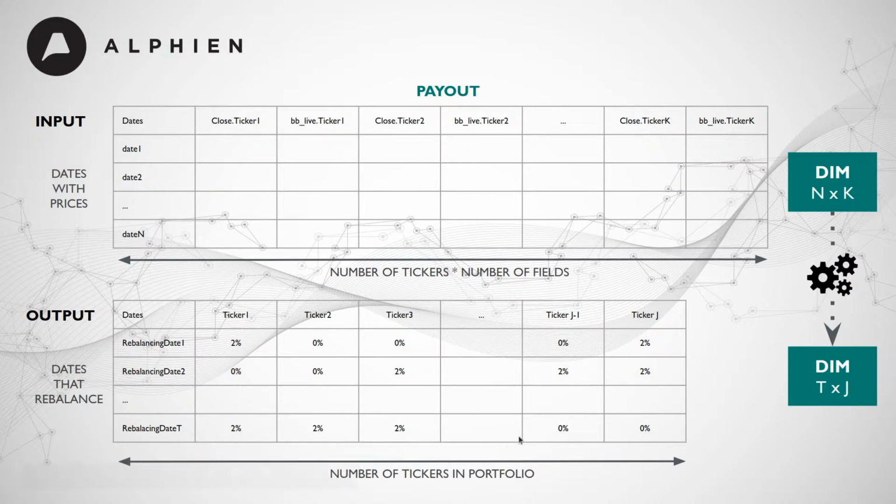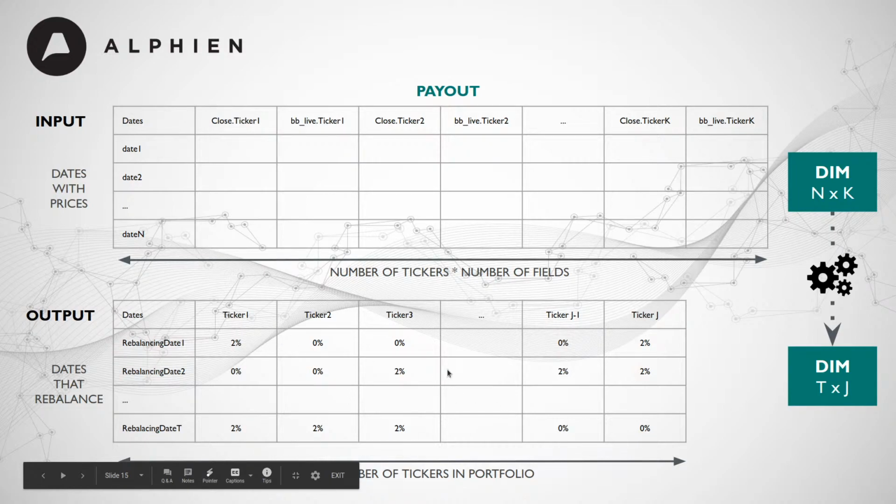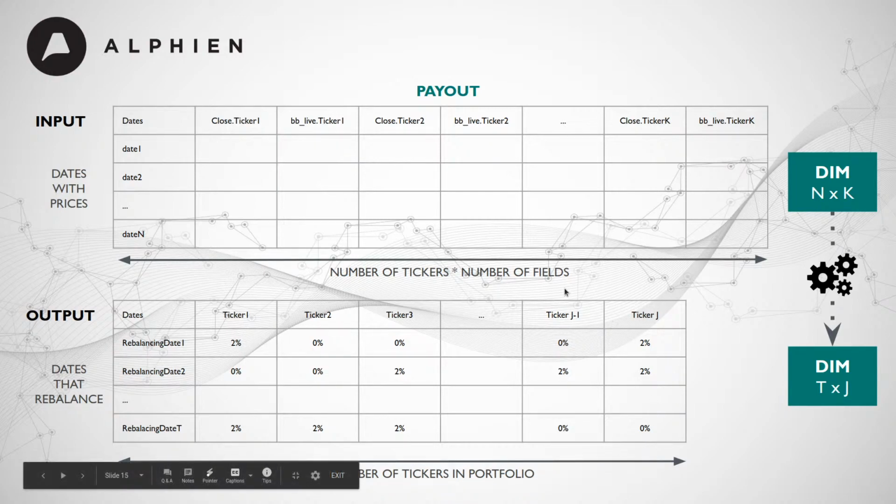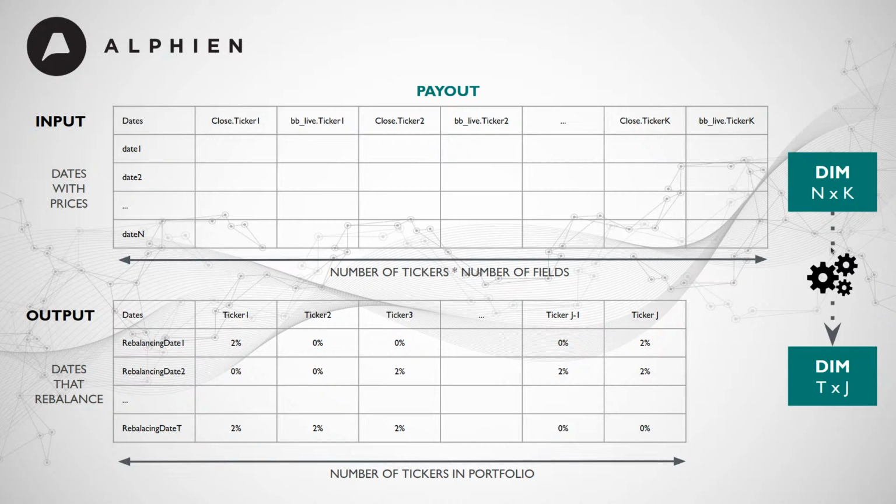That's it. That's in algorithmic terms what your payout function has to do. So basically, how do you generate this matrix from this matrix? And the logic between the two, sorry, is what your payout function is about. This is where your strategy is taking its meaning.